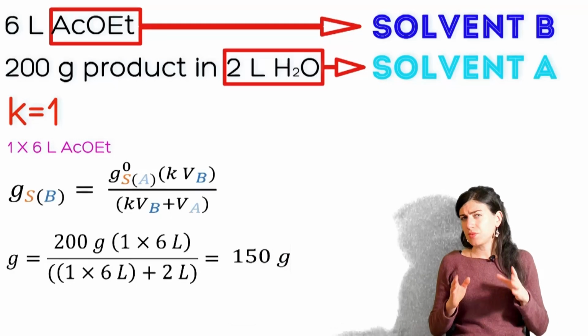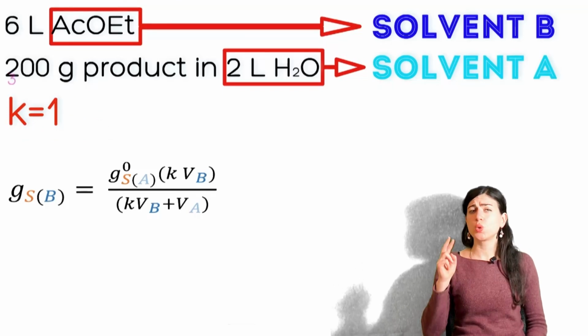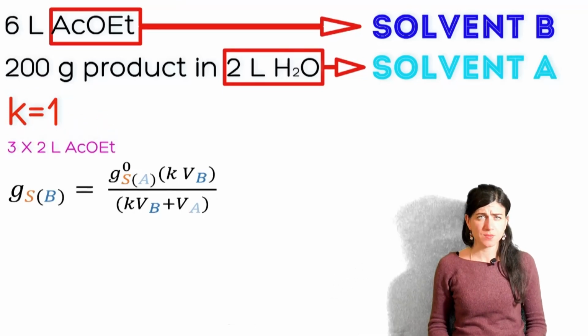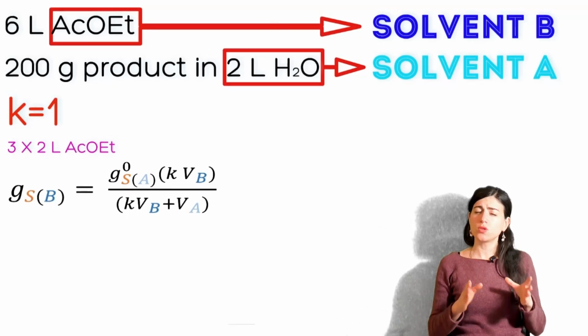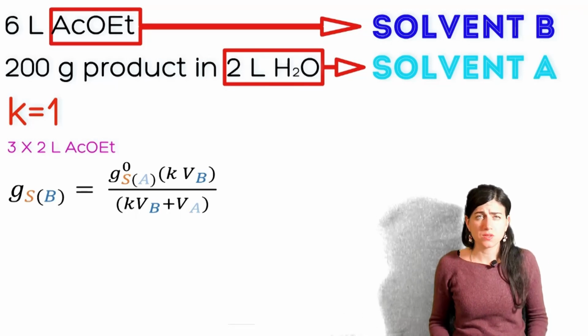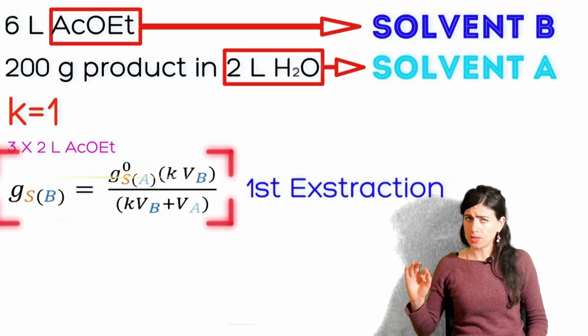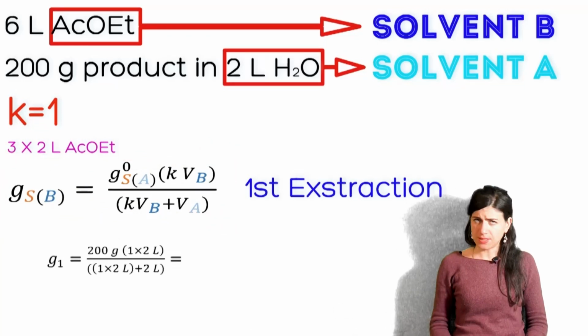But what happens if we instead perform 3 extractions, each with 2 liters of ethyl acetate, until we reach the total 6 liters? To understand what we retrieve from the first extraction, we will again use the equation with n equal 1, but this time with the data for 2 liters of ethyl acetate.